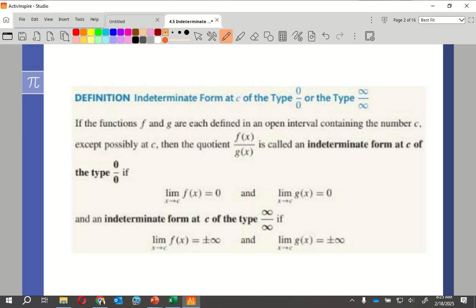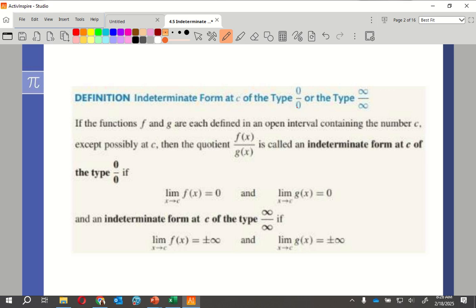So if the limit of the top goes to 0 and the limit of the bottom goes to 0, do me a favor, in your calculator, put 0 divided by 0. What's it say? Error. Oh, that's not right. There we go. So we get an indeterminate form there.